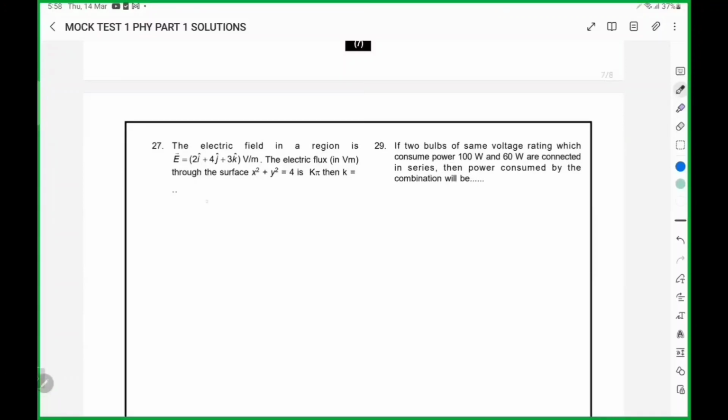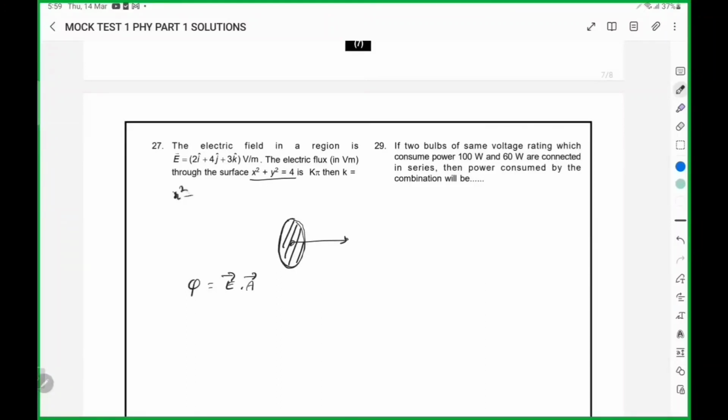Electric field in a region, electric flux through the surface. So the surface here is a circle. Electric flux is calculated using phi equal to E dot A. The area vector is perpendicular to the surface.